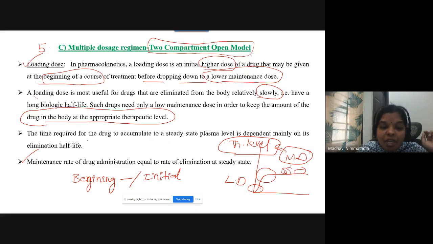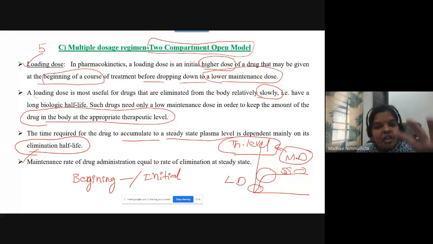The time required for the drug to reach a steady state plasma level is dependent mainly on its elimination half-life. If the drug is not properly eliminated out, if the drug is having more residence time in our body, it would be totally dependent upon its elimination half-life.